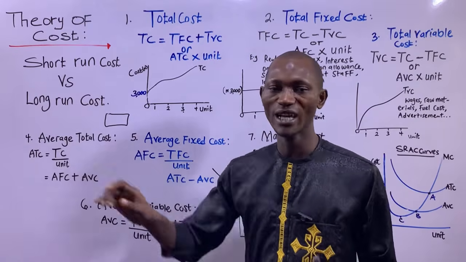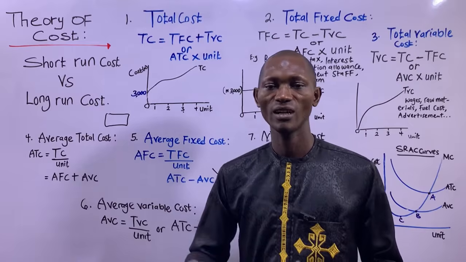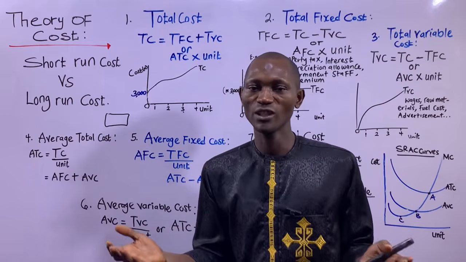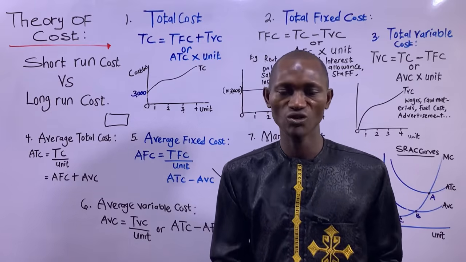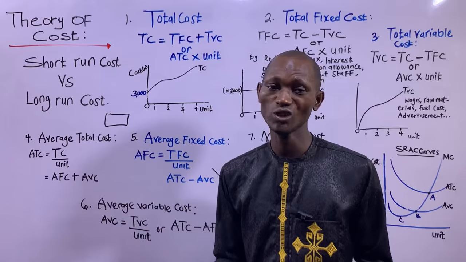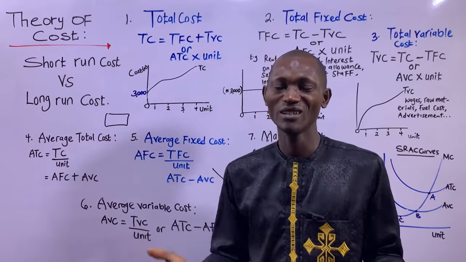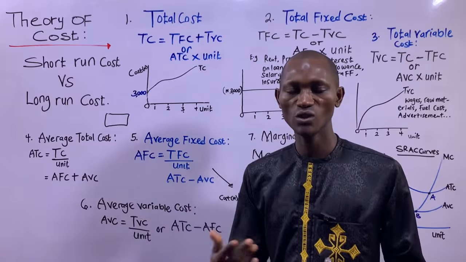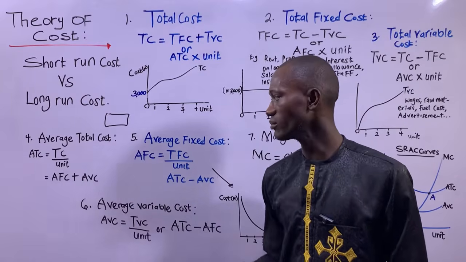But in the short run, at least a cost is considered fixed. And don't forget, in the short run, a firm's expansion is often constrained by a fixed factor of production, which could be land, the fixed space the firm uses in its production.